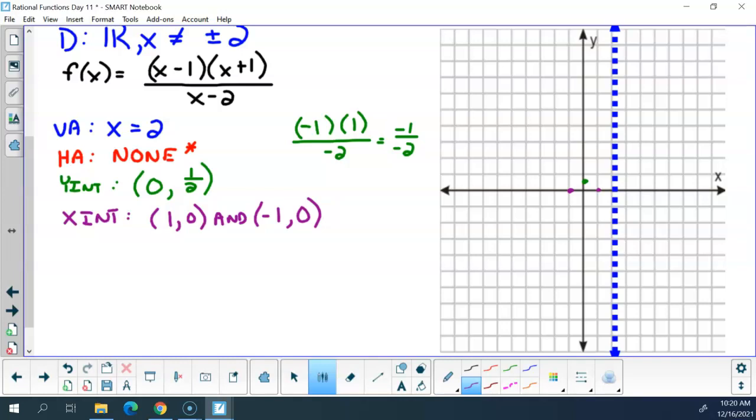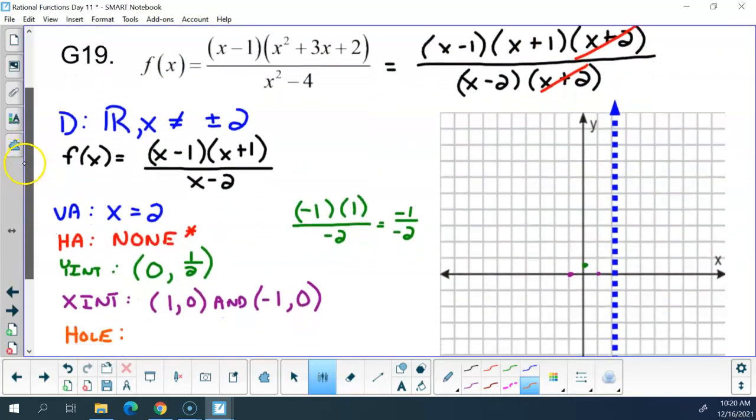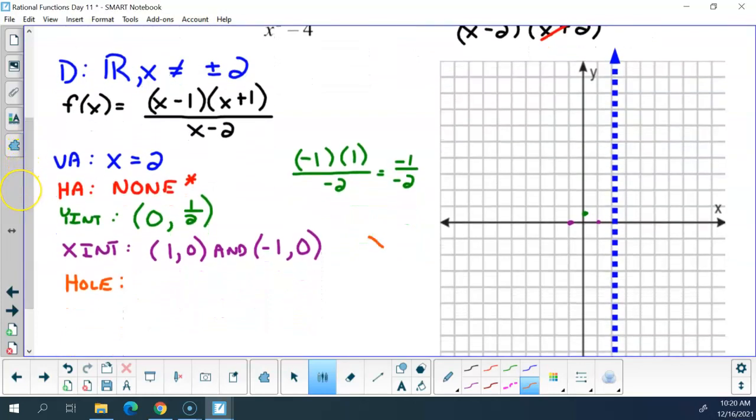Poles. Because we set x plus 2 equal to 0, that gives me x equals negative 2.